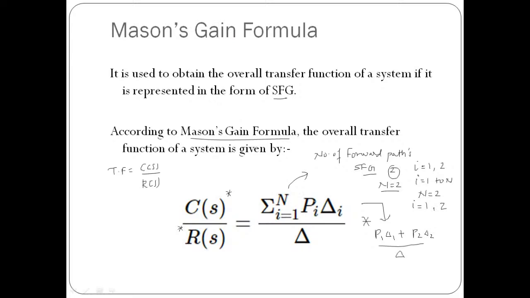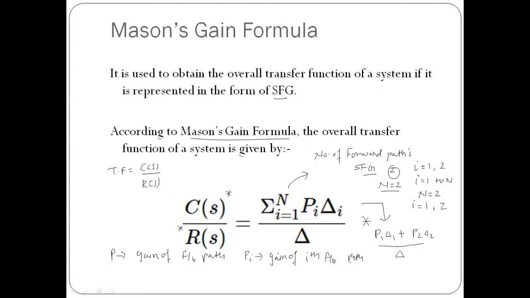Now what is this P? P stands for the gain of forward path. Now what does Pi stand for? Pi stands for the gain of the ith forward path.